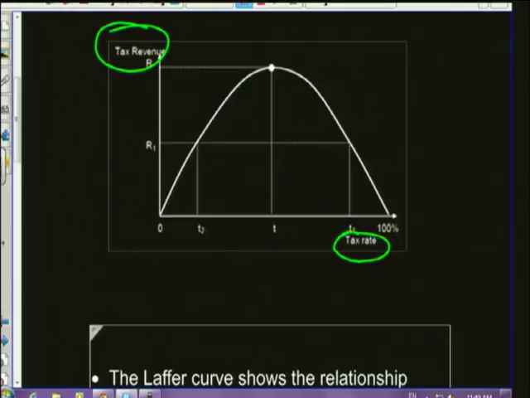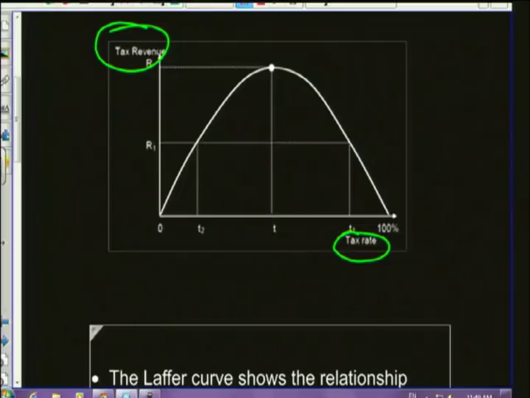To give you a short explanation of what this basically means, the government should try and find the point where they can maximize their income from taxation. If they are going to charge taxes that are too high, people are going to get to the point where they are going to refuse to work, or they won't work overtime because the taxation is too high.